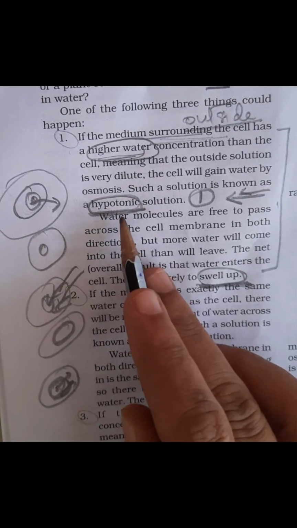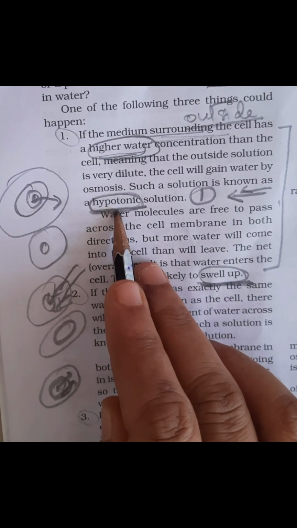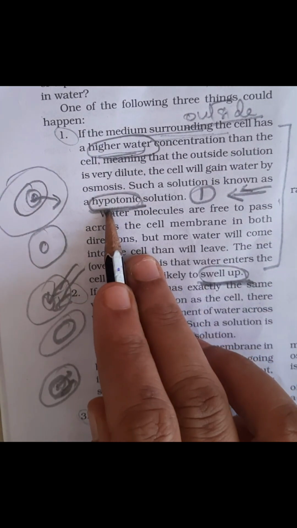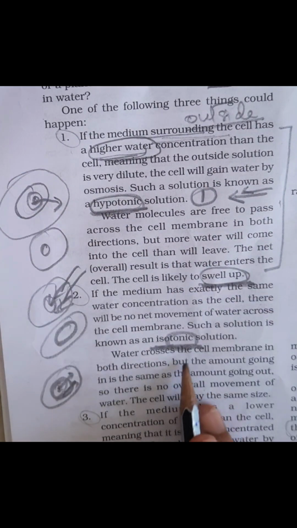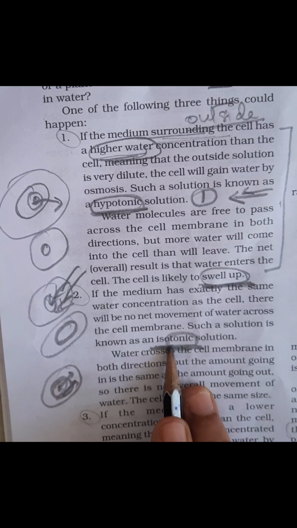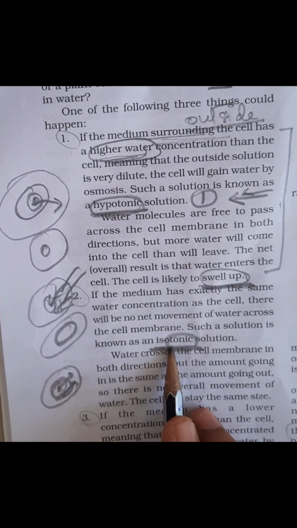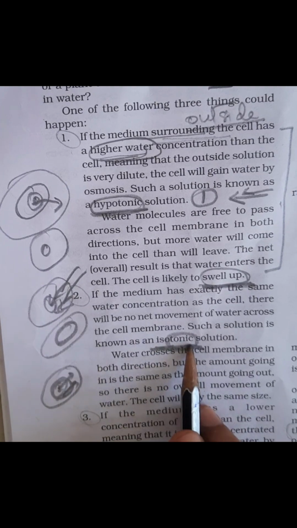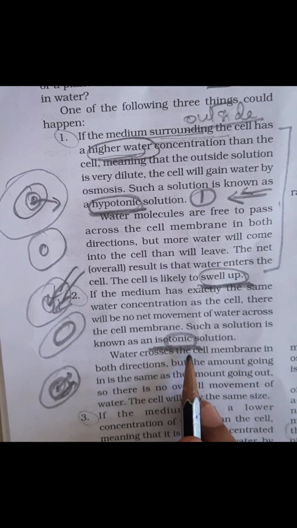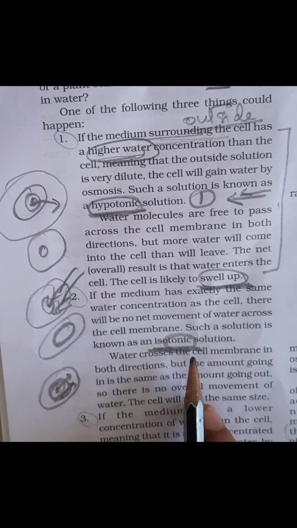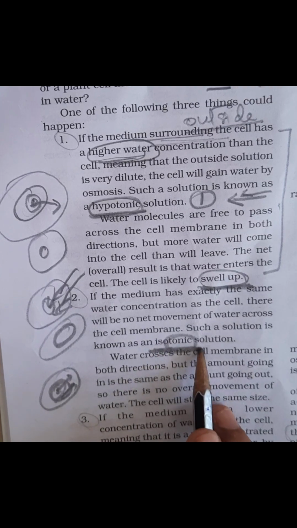Here the concentration inside the cell was higher, so water entered from outside. Isotonic is where the concentration of solute inside the cell and outside are both equal. In that case, no net movement of water and no change in the size of the cell. So such a solution is called isotonic solution.